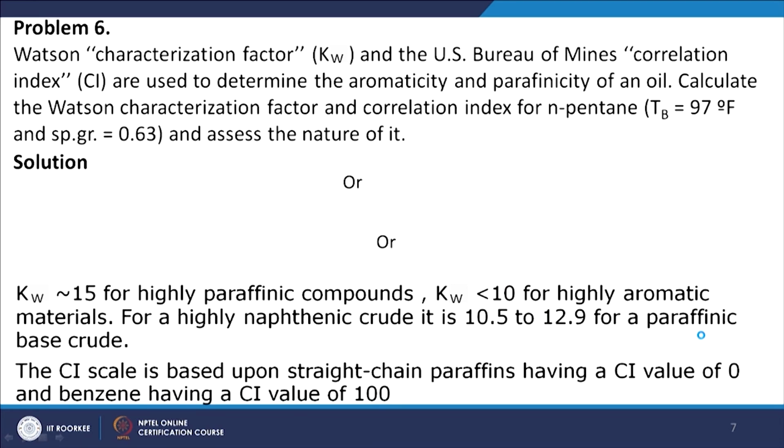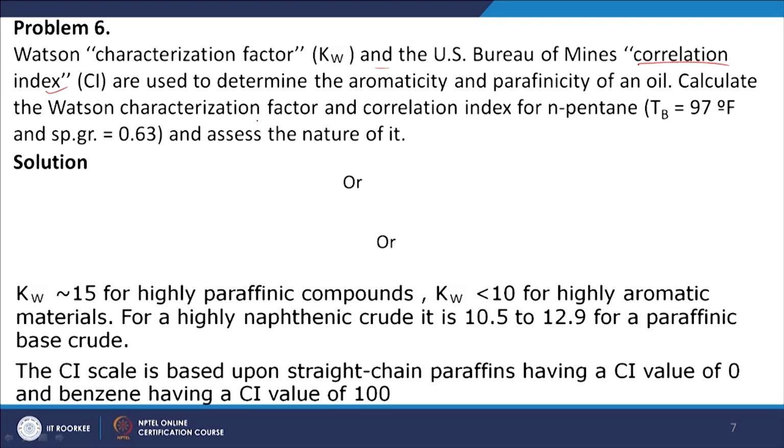Next problem says the Watson characterization factor and the US Bureau of Mines correlation index, CI, are used to determine the aromaticity and paraffinicity of an oil.